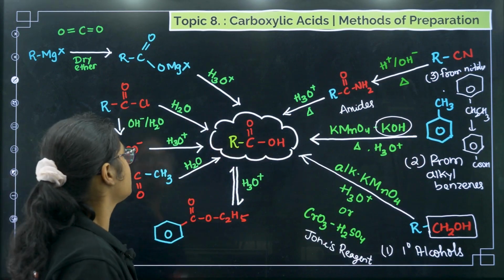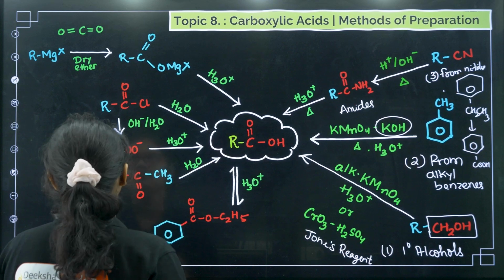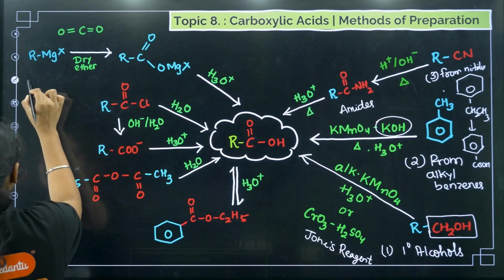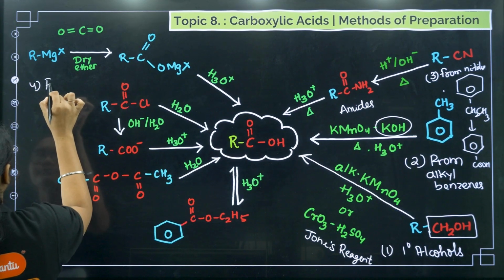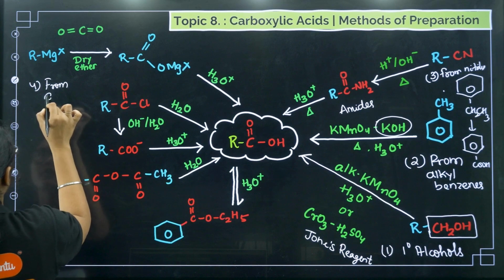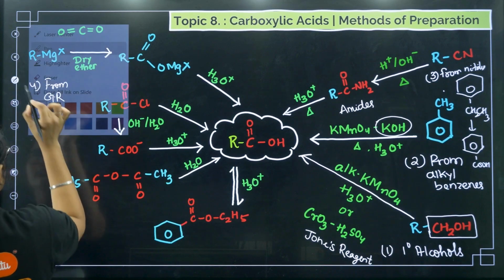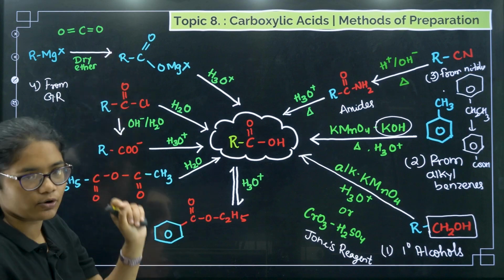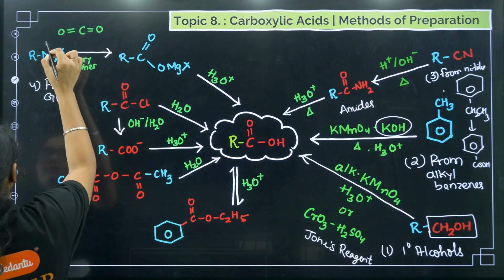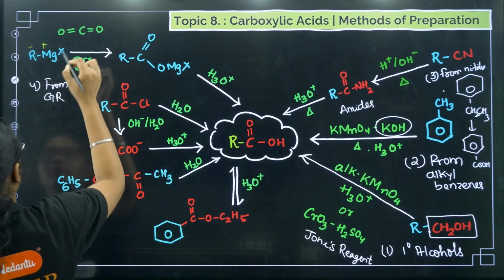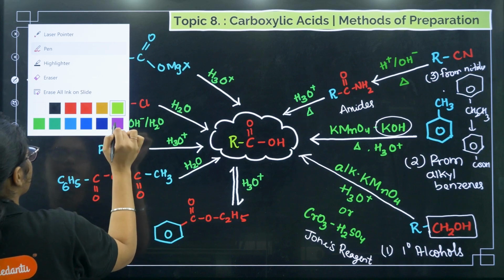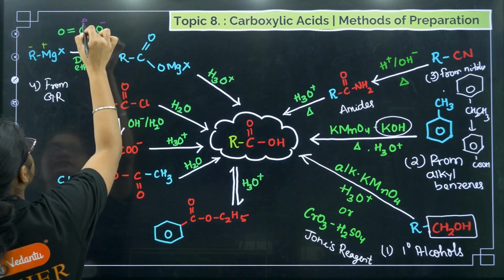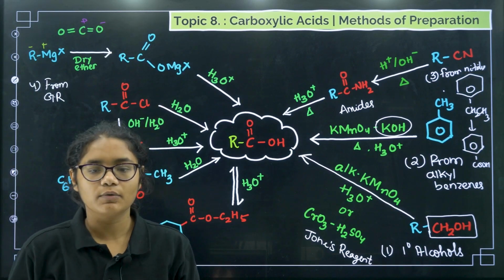Okay. Now coming to the fourth method, from Grignard reagent, right? The Grignard reagent should be treated with carbon dioxide. Now if you see, this is plus, this is minus, and here this is minus and this is plus, right? So now what will happen?